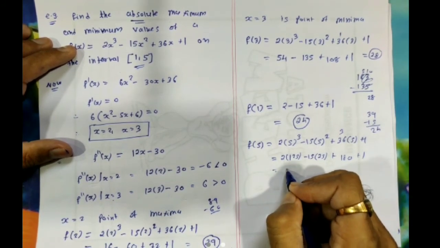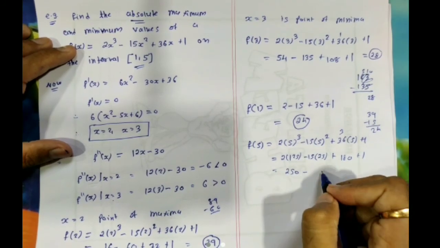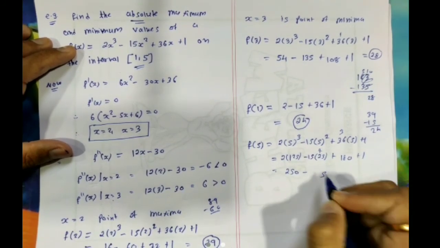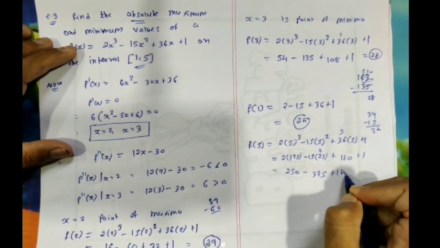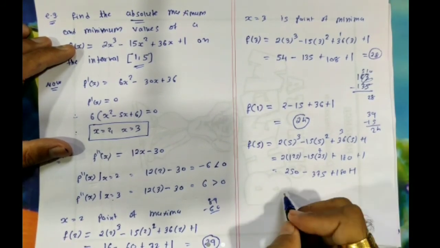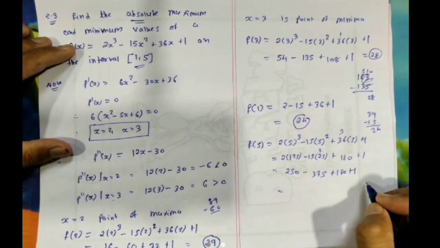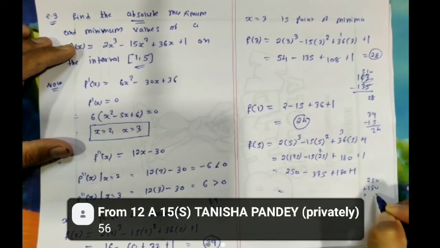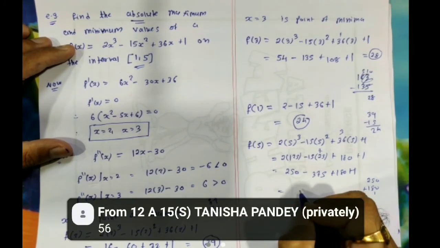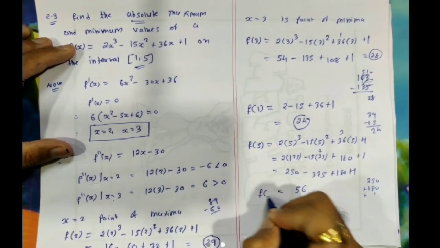So it's 250 minus 375 plus 180 plus 1. So what will this be? 250 plus 180 plus 1 minus 375 is 56. So it will be 56.